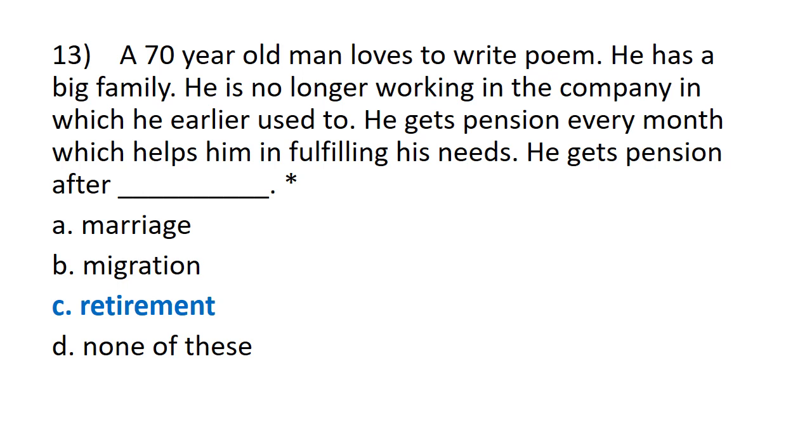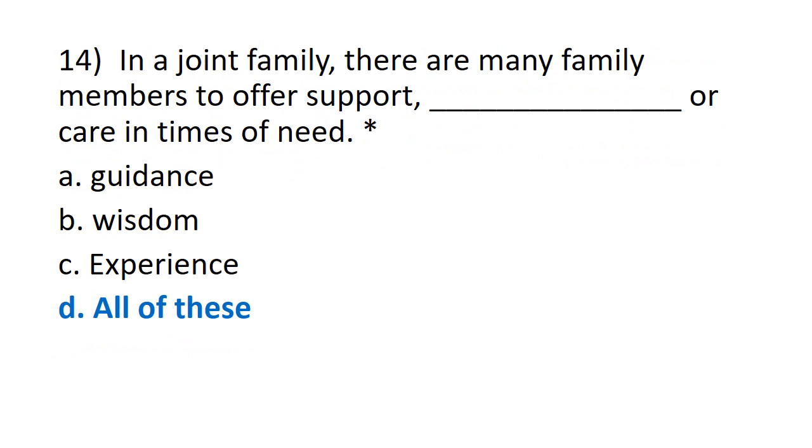Let's proceed further to the next question. In a joint family, there are many family members who offer support, dash, or care in times of need. So children, the options are guidance, wisdom, experience, and all of these.